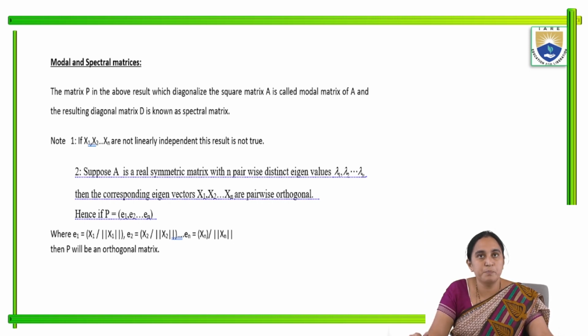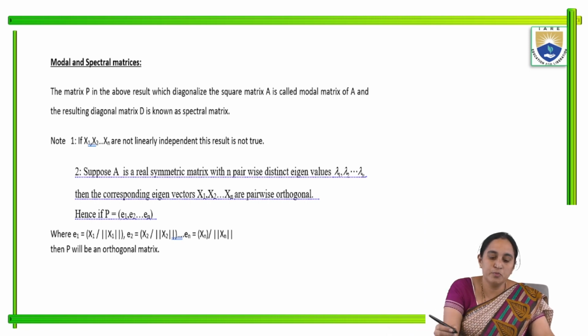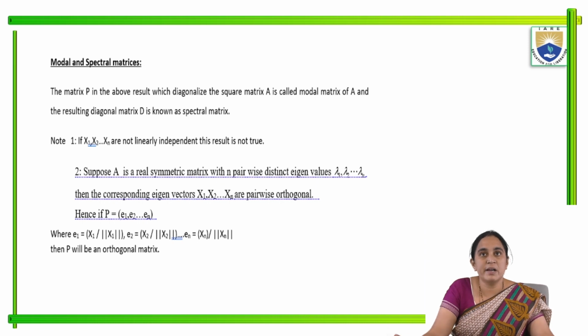The matrix P in the above result, which diagonalizes the square matrix A, is called the modal matrix of A, and the resulting diagonal matrix D is known as the spectral matrix.